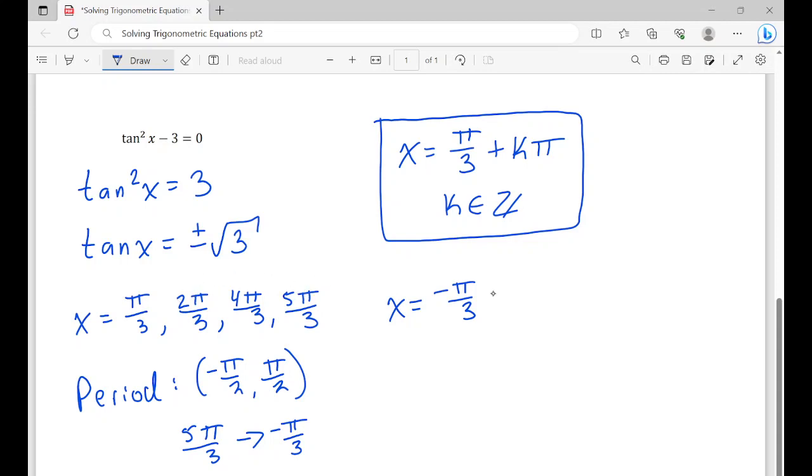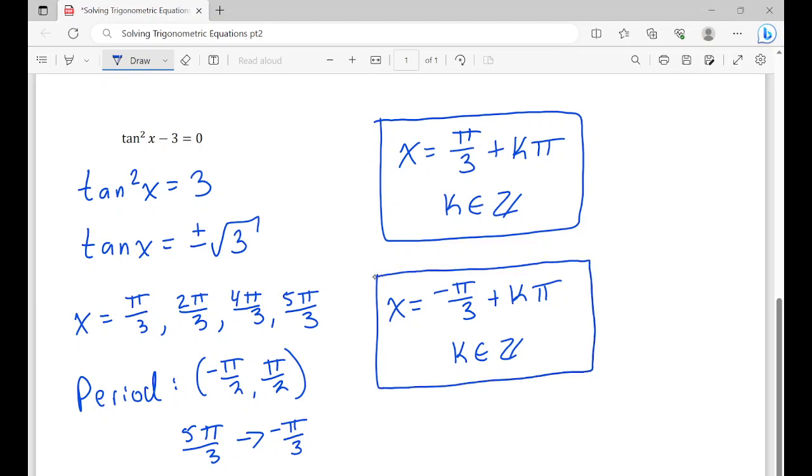So again, I can just add k pi to make it my general solution and state that k is an integer. And these two would be my general solutions for this equation that will account for all solutions.